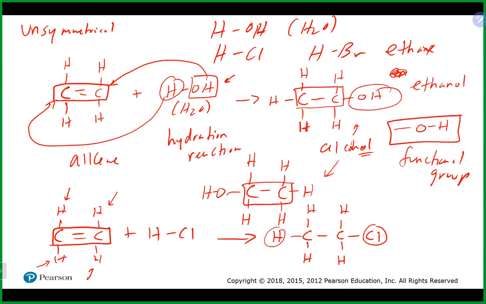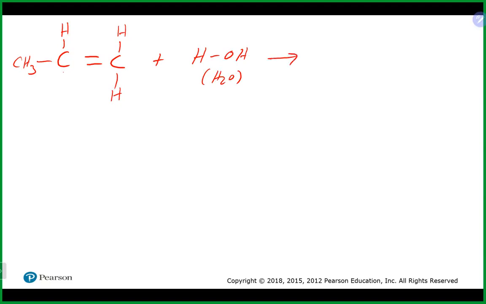So, for example, if we look at something like this and we want to add water to it here, we're going to take our double bond and make it into a single bond, and we can draw everything exactly the same way.